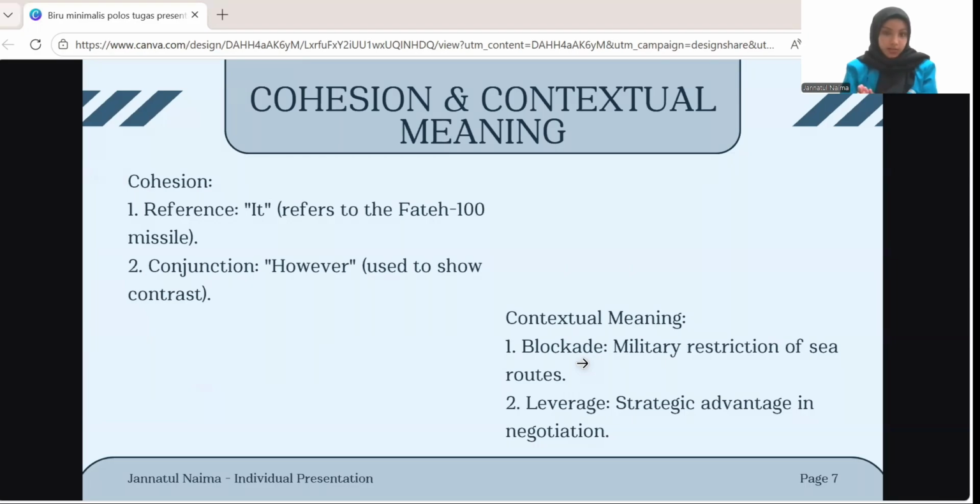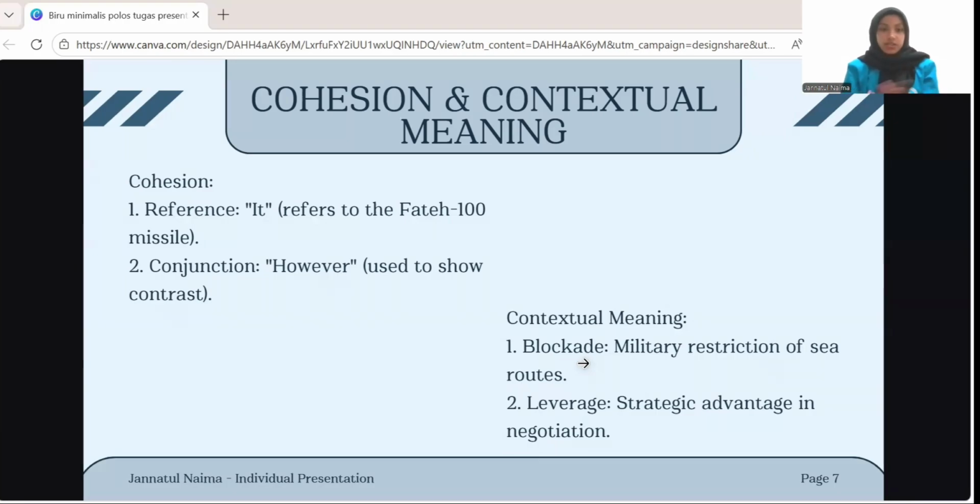First, for grammatical cohesion, I found the word it. If we look closely, this pronoun refers back to the Fateh 100 missile, ensuring the sentences flow without repetition of nouns.